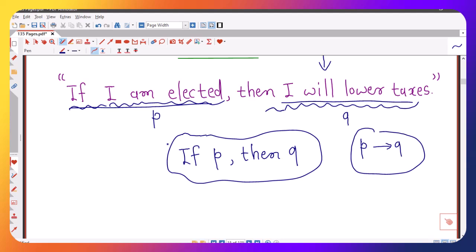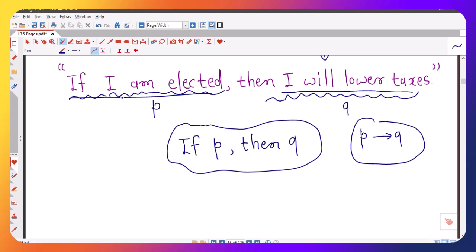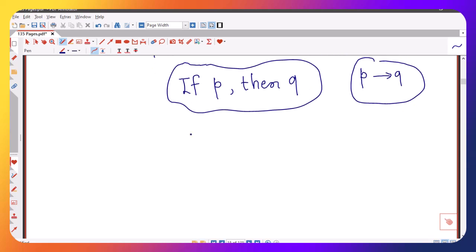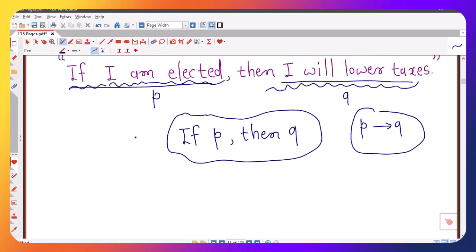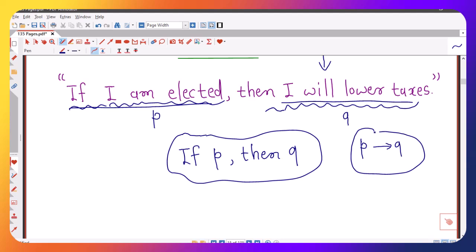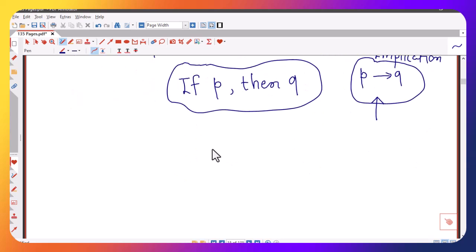So it is this type of situation, a conditional statement.